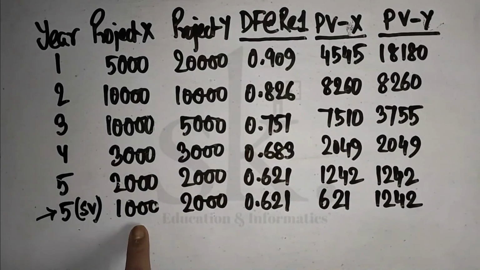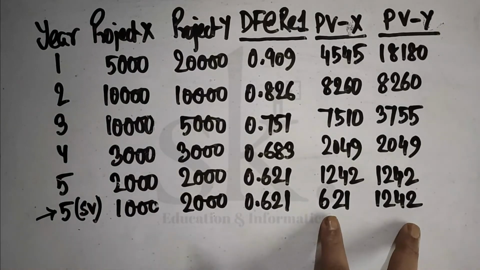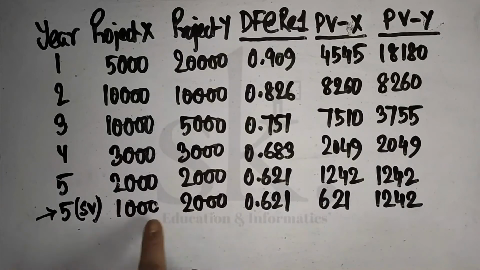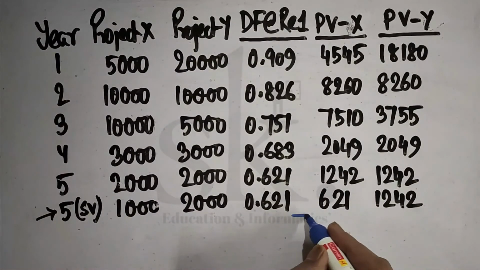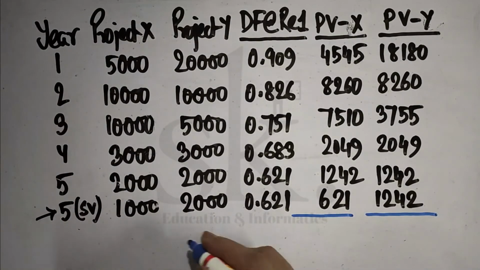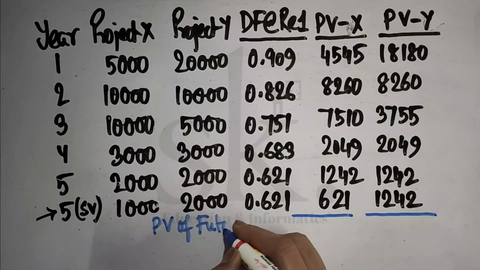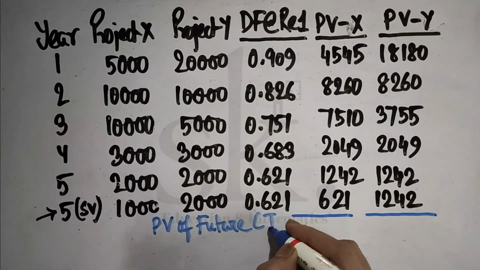In this particular problem we had a salvage value of rupees 1,000 and 2,000 for project X and project Y. Now this salvage value or scrap value also is required to be discounted to the present year, because you are getting this amount after 5 years. So if I add up, what will be the name? The present value of future cash inflow.